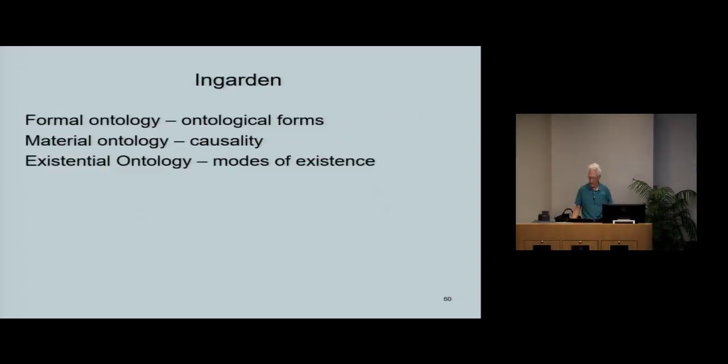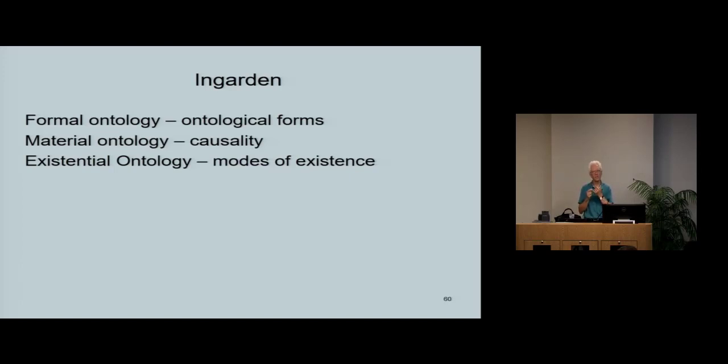And Ingarden then wrote a huge work, which is now finally translated into English after a long time. It's called The Controversy Over the Existence of the World, in 3 volumes. And it's devoted to 3 kinds of ontology: formal ontology, material ontology, and existential ontology.